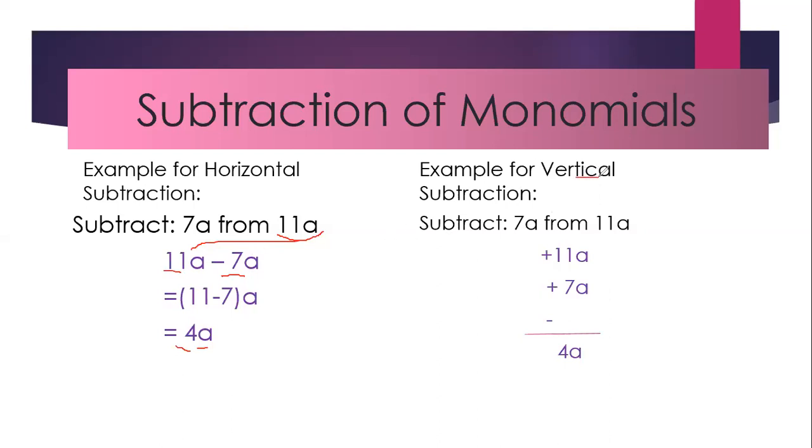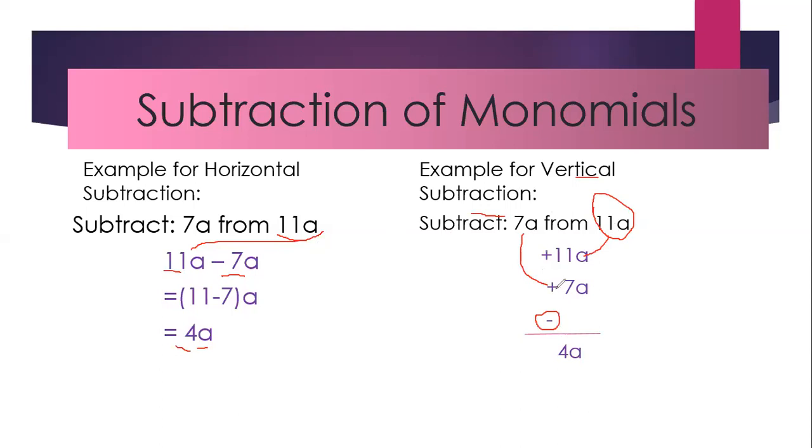Now what about the vertical subtraction? Again, first we have to write 11a like this. This is plus 11a. Now the second term is 7a. Then I asked you to leave one line for sign change. That means the second term's sign will be changed.